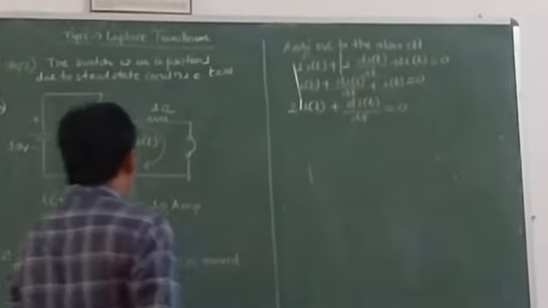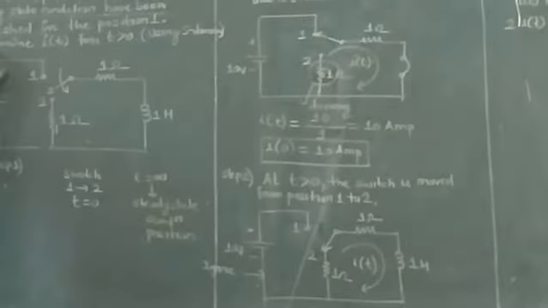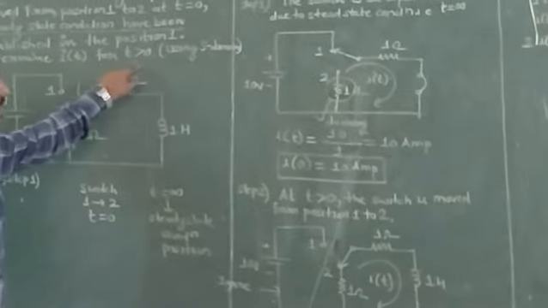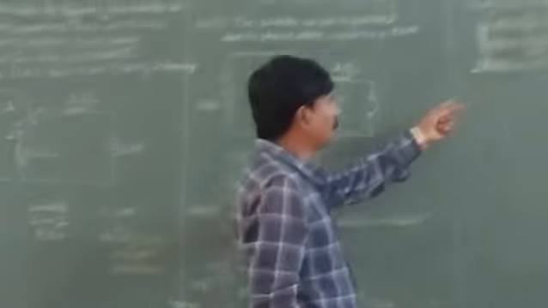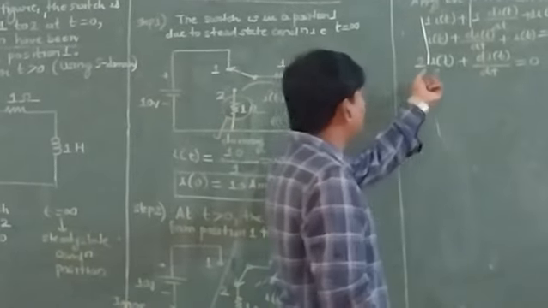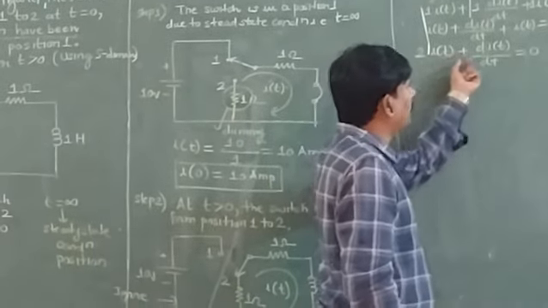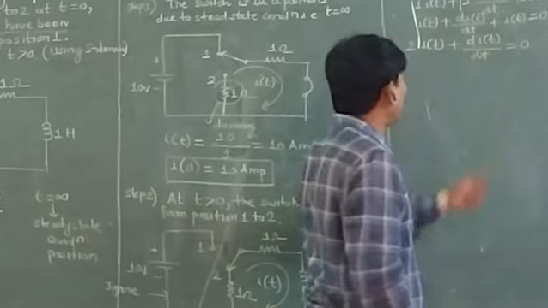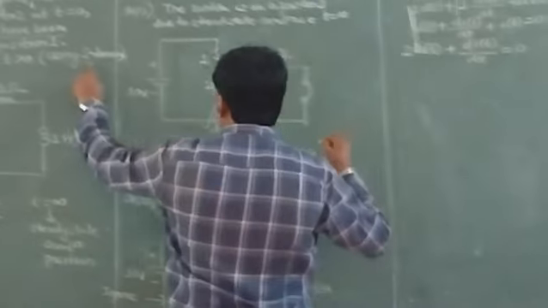Now I want to find out I of t for t greater than 0. But the equation we have written from this circuit consists of I of t and the derivative of I of t. So I want to solve this by using the S domain.